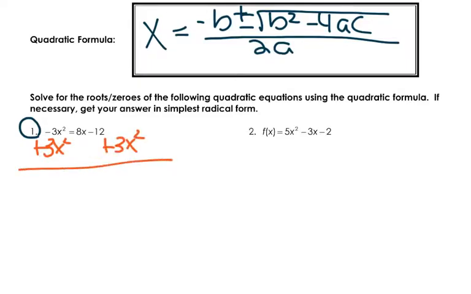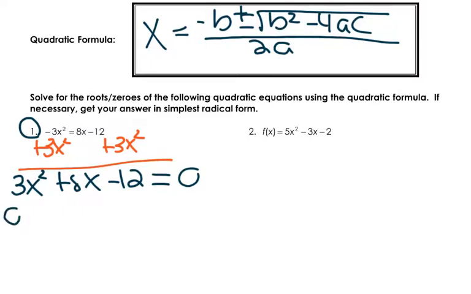And we will then have 3x squared plus 8x minus 12 equals 0. We then identify a, b, and c. A equals 3, b equals 8, and c equals negative 12.